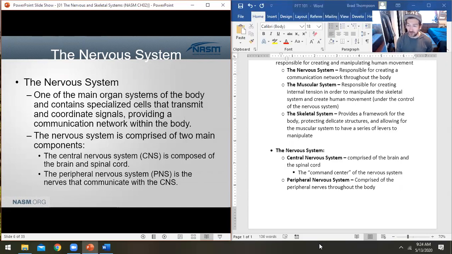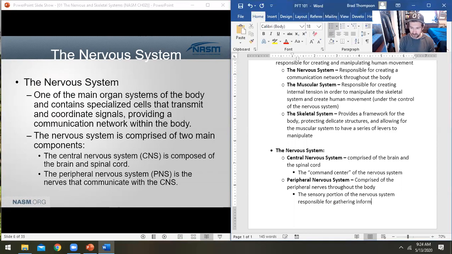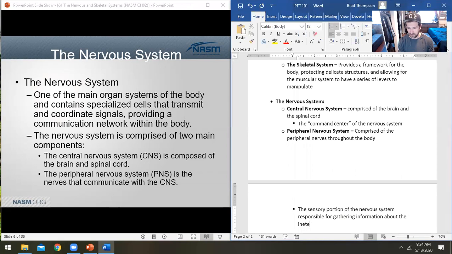So your peripheral nervous system, your peripheral nerves, right? This is the sensory portion of the nervous system responsible for gathering information about the internal and external environment.